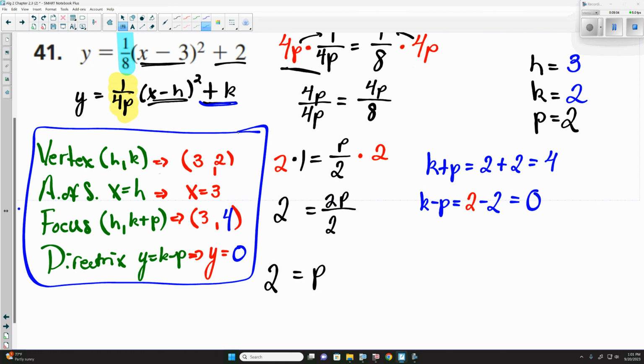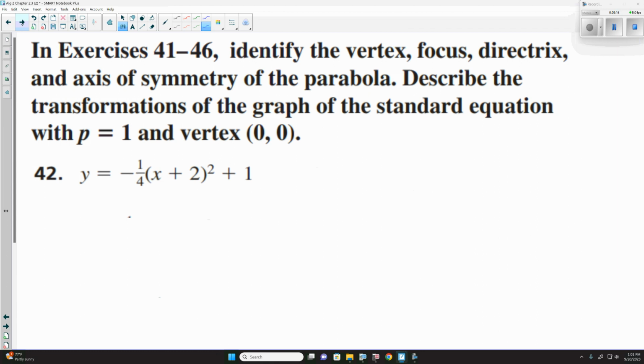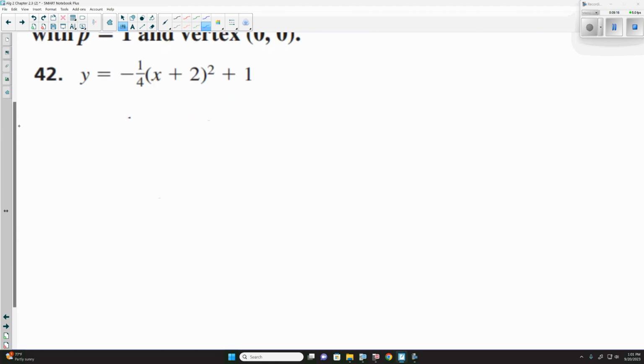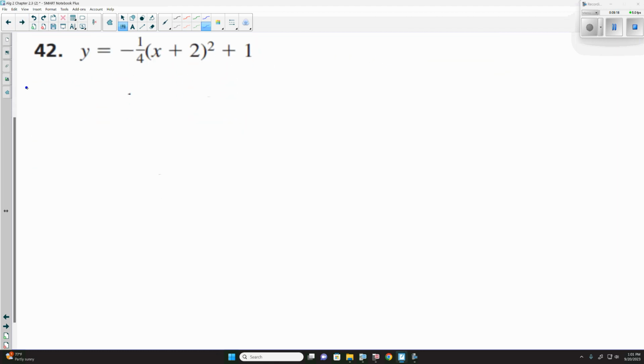Any questions on any of this here so far before we look at our next piece? Are we ready for the next one? So our next one is y equals negative 1/4 times x plus 2 squared plus 1.